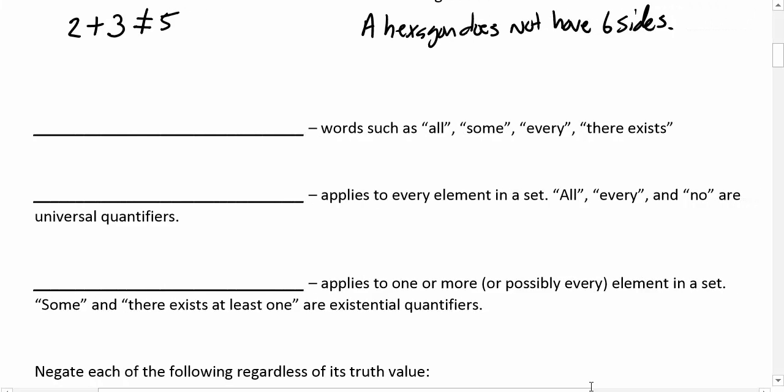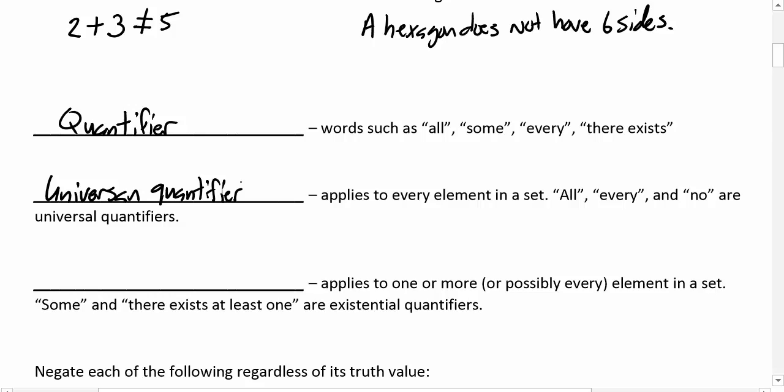Okay, a couple more vocab words. A quantifier refers to words such as all, some, every, there exists, used to identify some sort of quantity or amount of some kind. Then we have a universal quantifier, which applies to the extreme cases of everything or nothing.